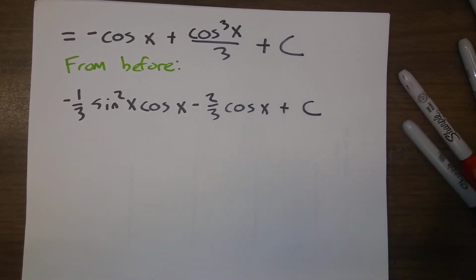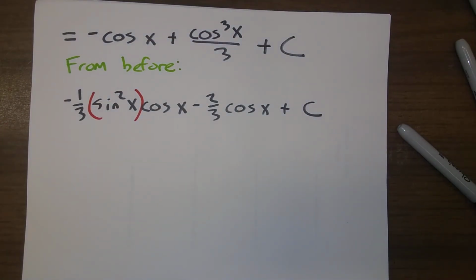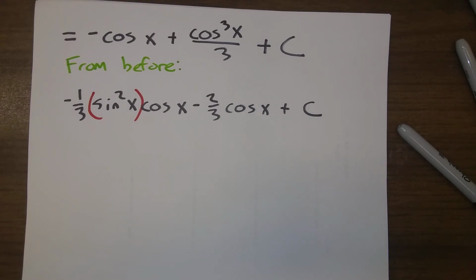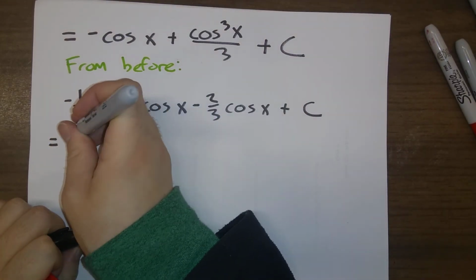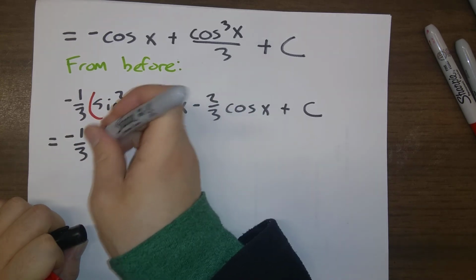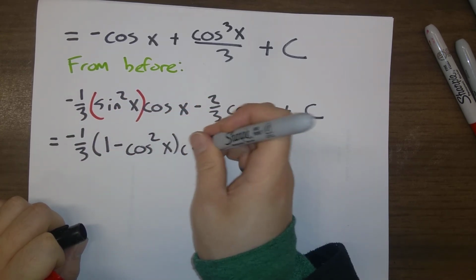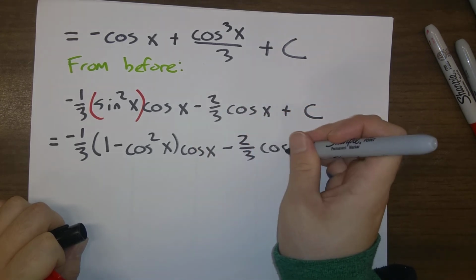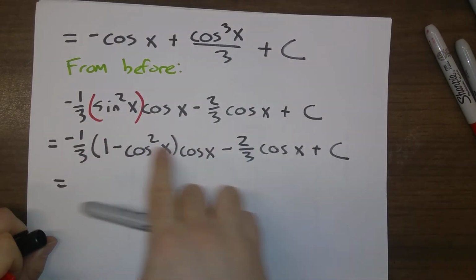We can do that by, once again, transforming this sine squared x into 1 minus cosine squared x. So minus 1/3 times 1 minus cosine squared x times cosine x minus 2/3 cosine x plus c. Let's split this up.